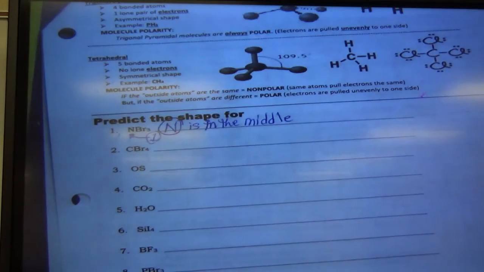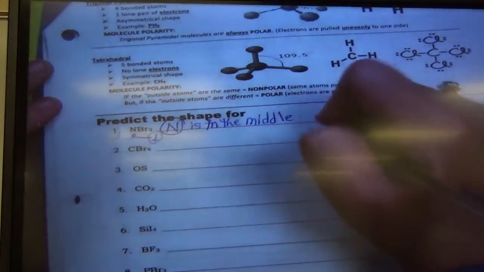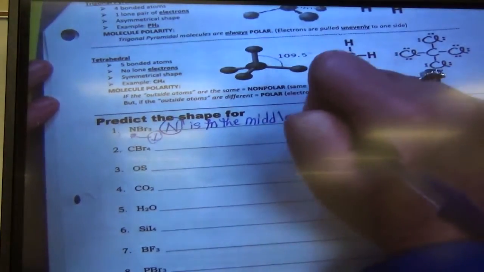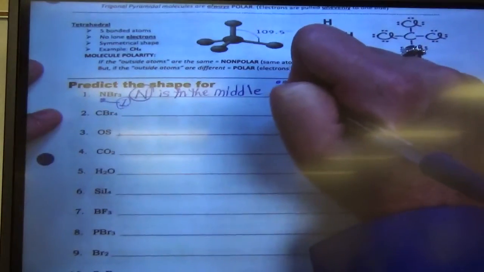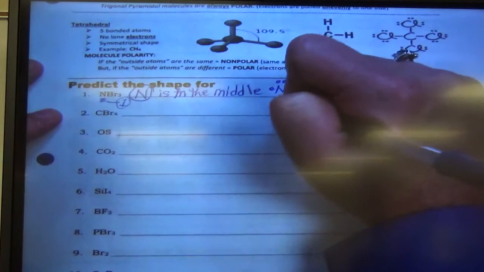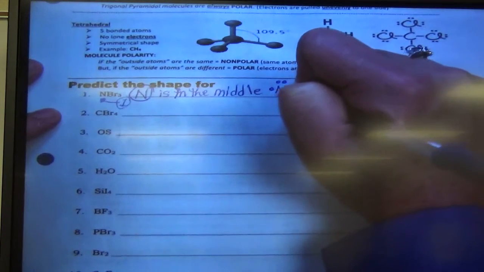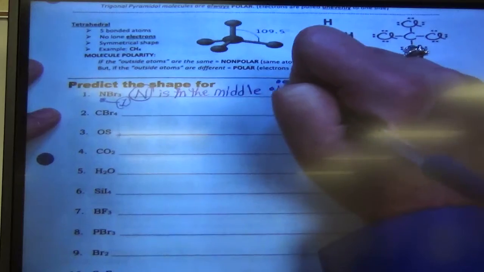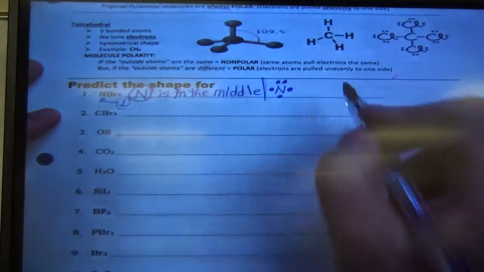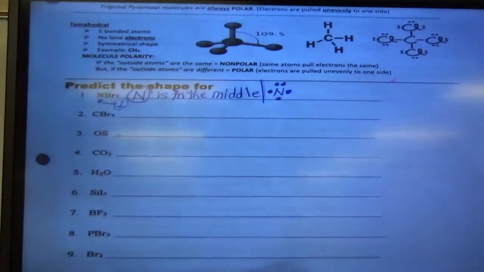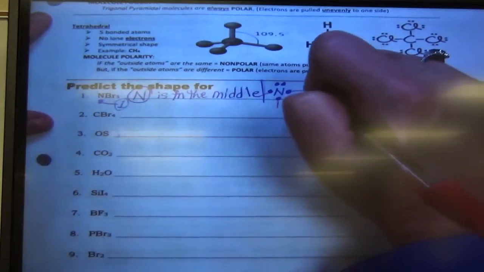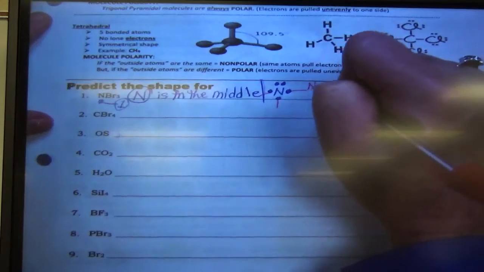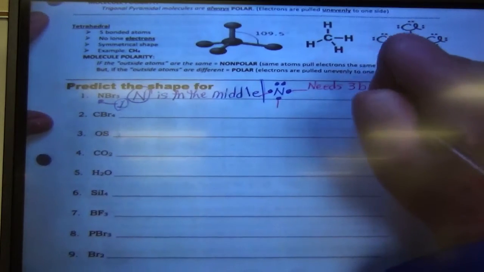Okay. Next, we know that it had 5 valence electrons, but I'm just going to go ahead and draw the Lewis dot diagram right here. 1, 2, 3, 4, 5. I have 5 valence electrons on my nitrogen. And because it has 3 lonely electrons, we know it needs 3 bonds.